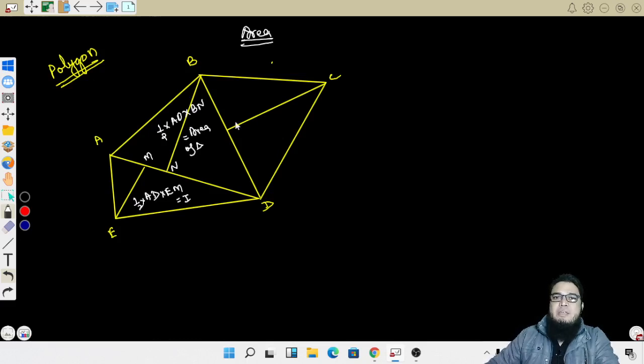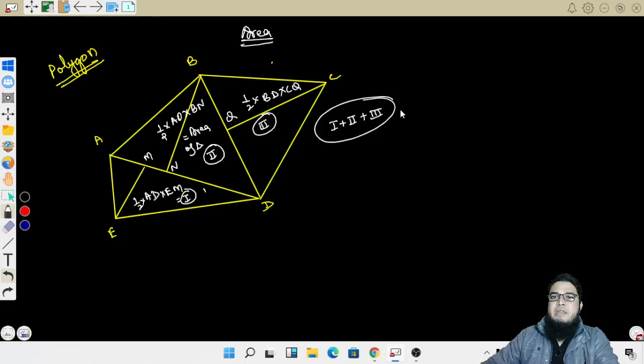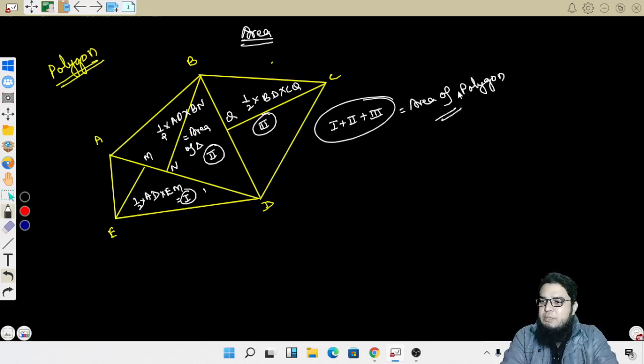And again, that is CQ, half into base BD into CQ. That is first, second and third. We have got the three triangles. When we sum the area of these three triangles, we get the area of the polygon. Got the point?